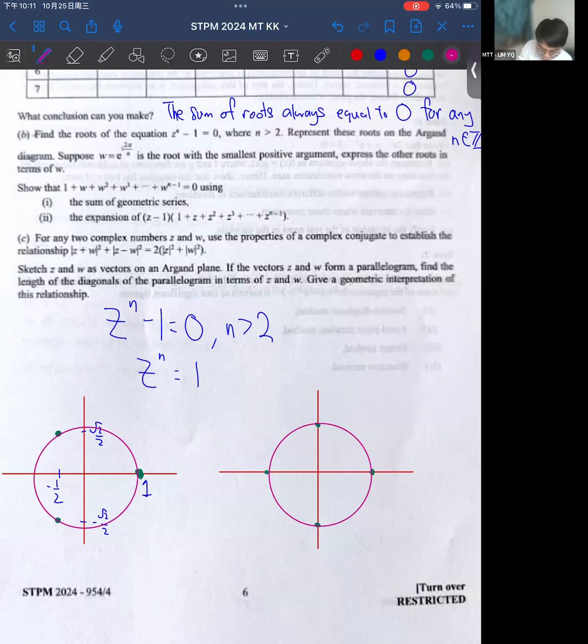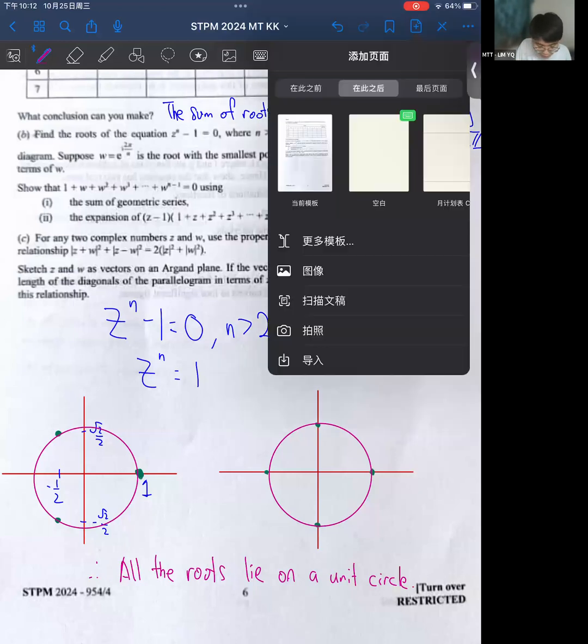The conclusion you can make is all the roots lie on the unit circle. This is your conclusion. I want to discuss it very fast.